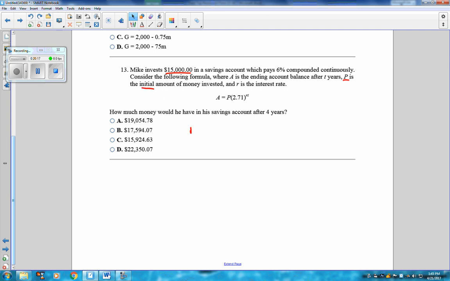So I'm going to have A equals my initial amount of $15,000 times the 2.71 raised to R, my interest rate. So this is 6%, so my interest rate is going to be 0.06, because I have to change the percent to the decimal.